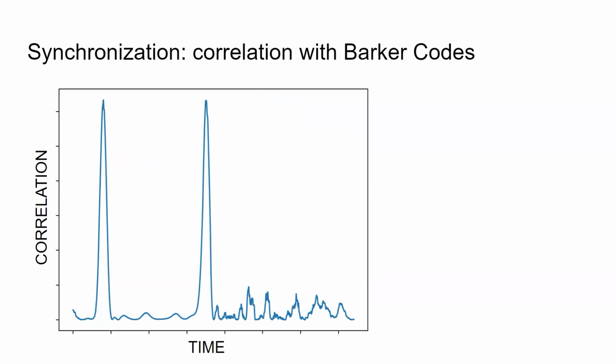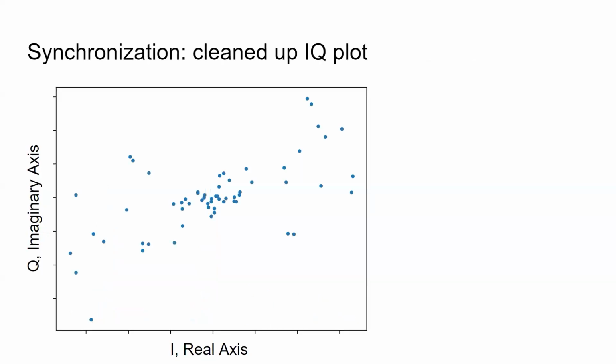That tells us, okay, we have one Barker code here and another Barker code here. Now that we know one Barker code, we know where our signal starts. And if we know 2 Barker codes, we know the frequency offset because we know the time difference between those two.